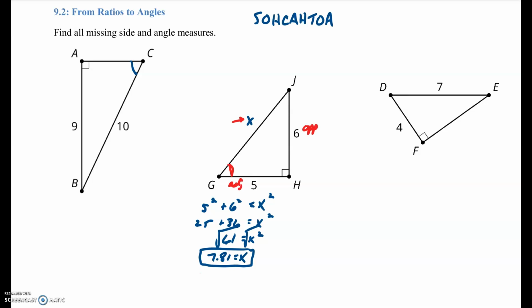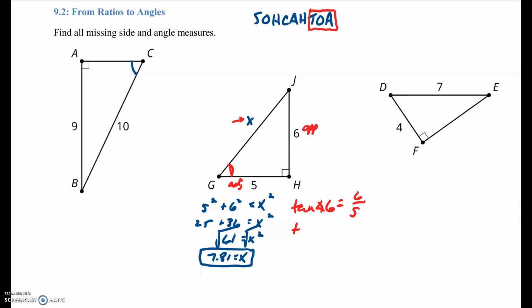And then remembering up here SOHCAHTOA, tangent is opposite over adjacent. So then I know that the tangent of angle G is equal to the length of the side opposite, which is 6, divided by the side adjacent, which is 5.